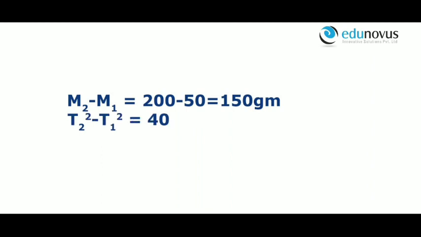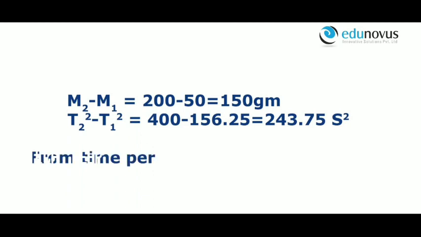M2 minus M1 is equal to 200 minus 50, which is 150 grams. T2 square minus T1 square is equal to 400 minus 156.25, which is 243.75.